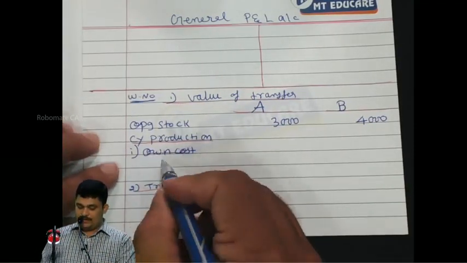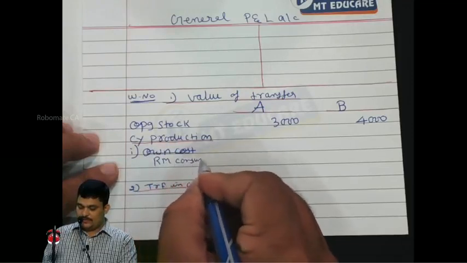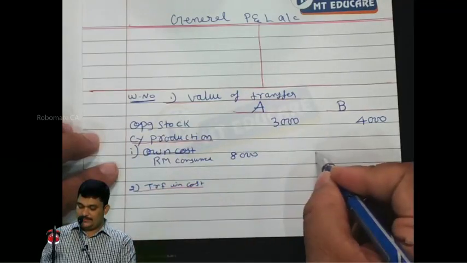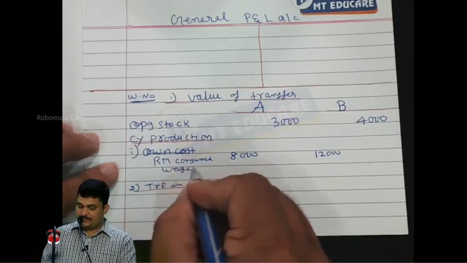You have raw material consumed, it is 8,000. And B? Wages.